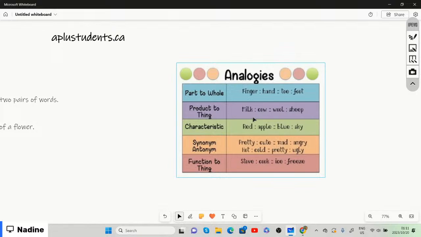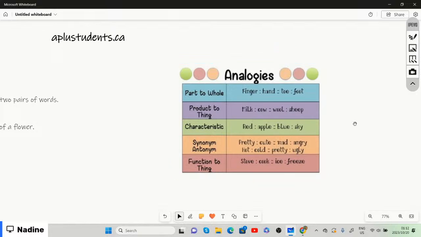So the wool is part of the sheep. We get our wool from the sheep. And that is products to things. That is products that we specifically get from animals or things, right?